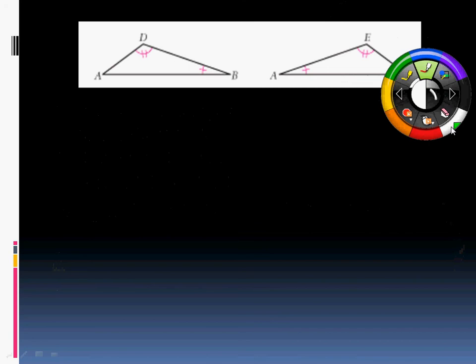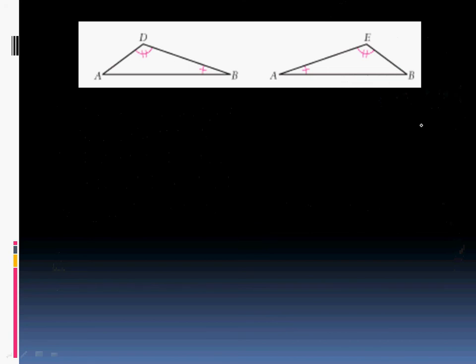I'm going to talk about the fact that I know that angle D is congruent to angle E. And I'm also going to say that angle B is congruent to angle A.